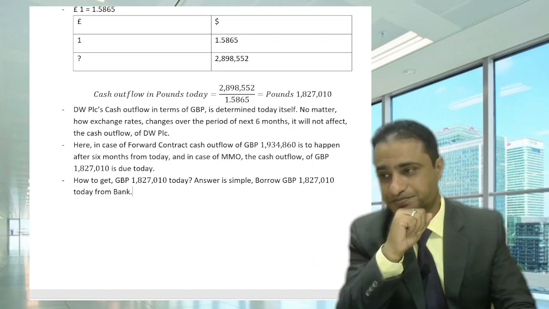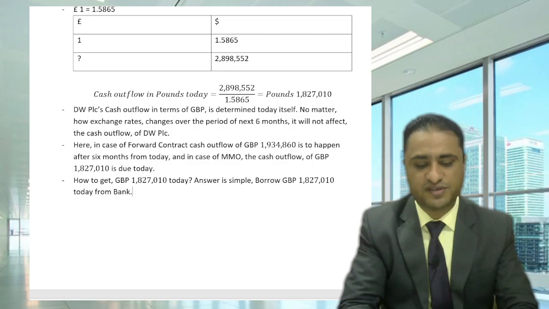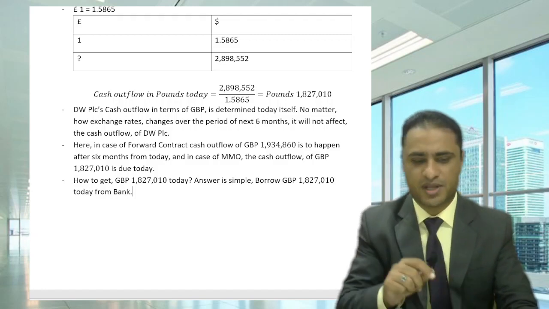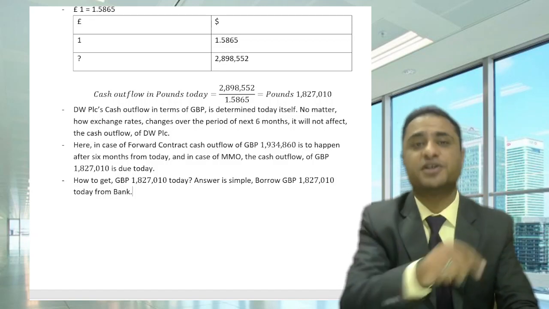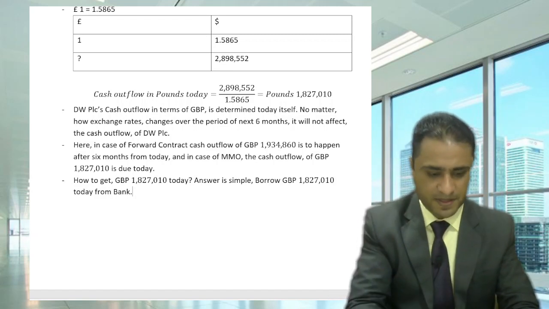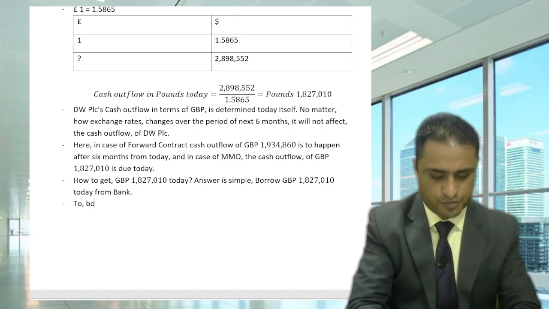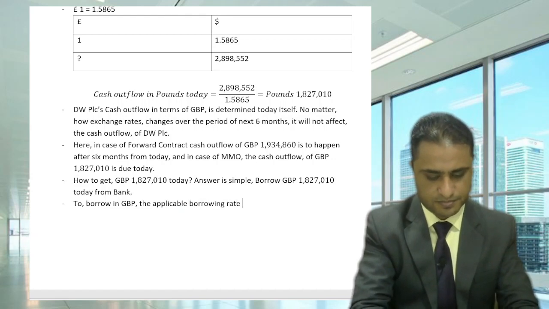What next? You have borrowed 1827010 Great Britain pounds today, which will also accrue the interest, and you will have to pay in Great Britain pounds with interest to your lender bank. Now, to borrow in GBP, the applicable borrowing rate will be.